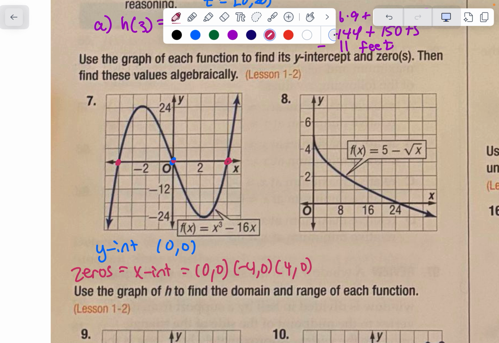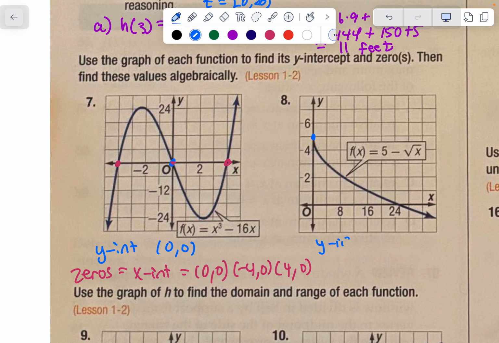So let's use 8 to do the graph as well, okay? So it appears here that our y-intercept is at 5. So you see the y value is 5. So that's the point 0, 5.